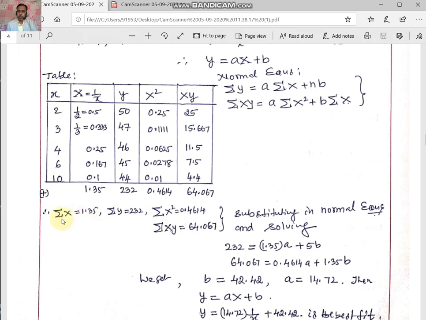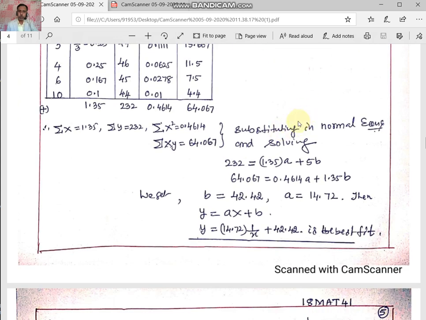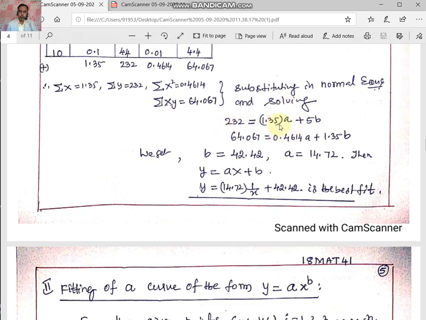So in sums, sigma X is equal to 1.35, sigma y is 2.232, sigma X square is 0.4614, and sigma Xy is 64.067. Substitute these sums in the normal equations, and on solving them we will find b value as 42.42, a value is 14.72.